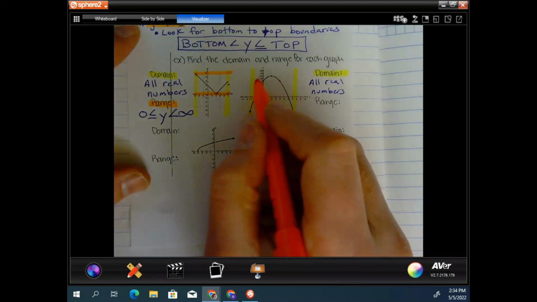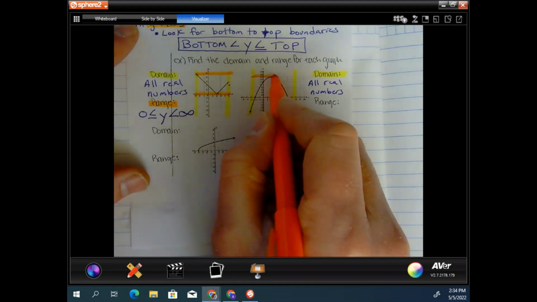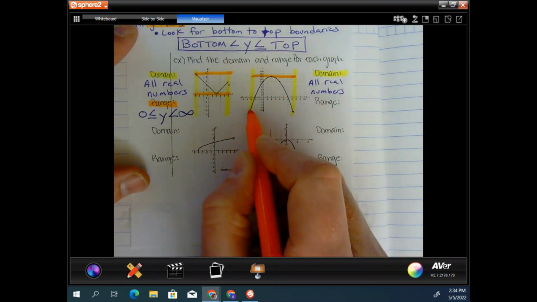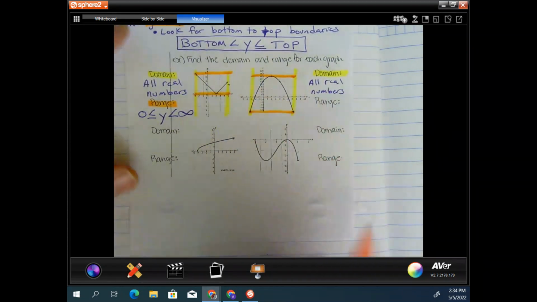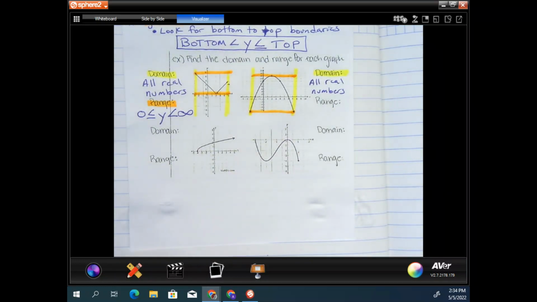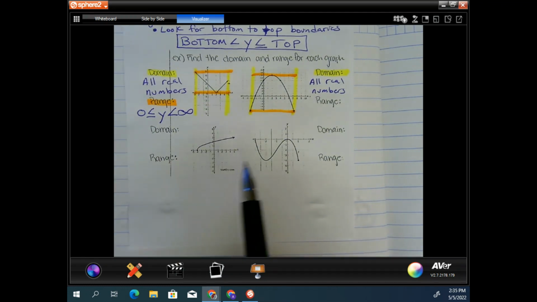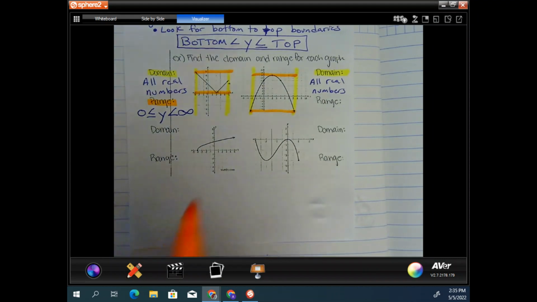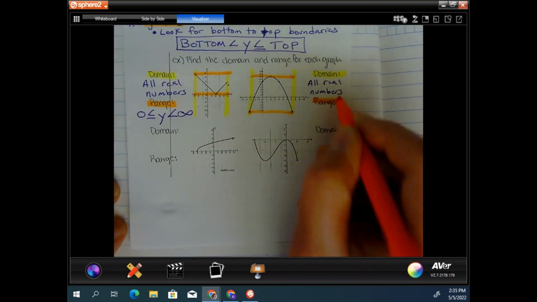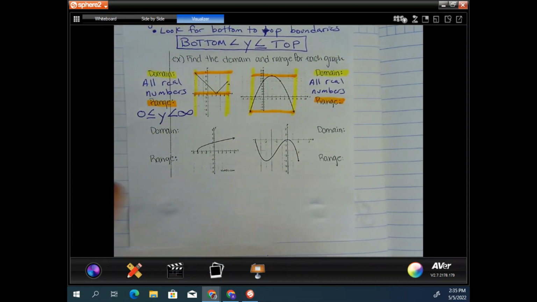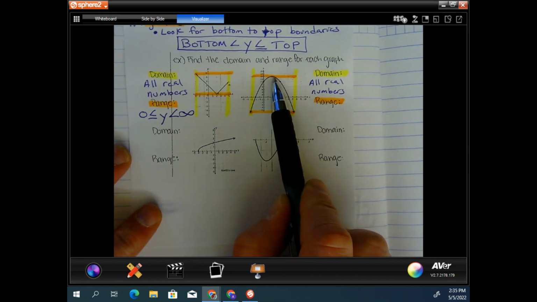Then I'm going to highlight the top and I'm going to highlight the bottom. When doesn't it show all real numbers? So here in our next part, when we look at the range, we see that we do have a top this time.